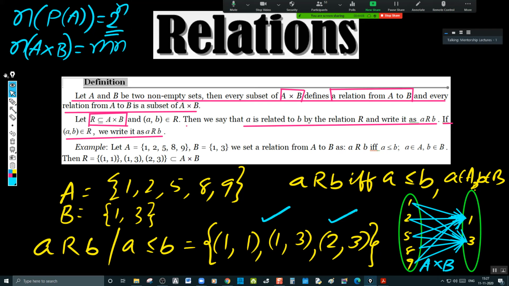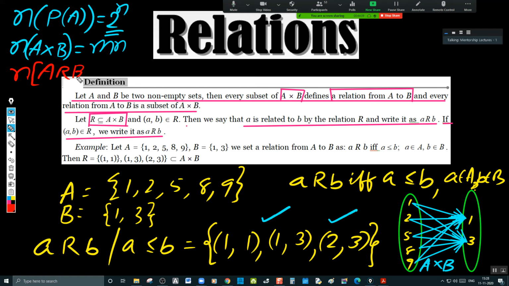Similarly, the number of relations I am talking about depends again on the number of elements of A cross B. So what is that I'm writing here? n of A R B. What is this R?